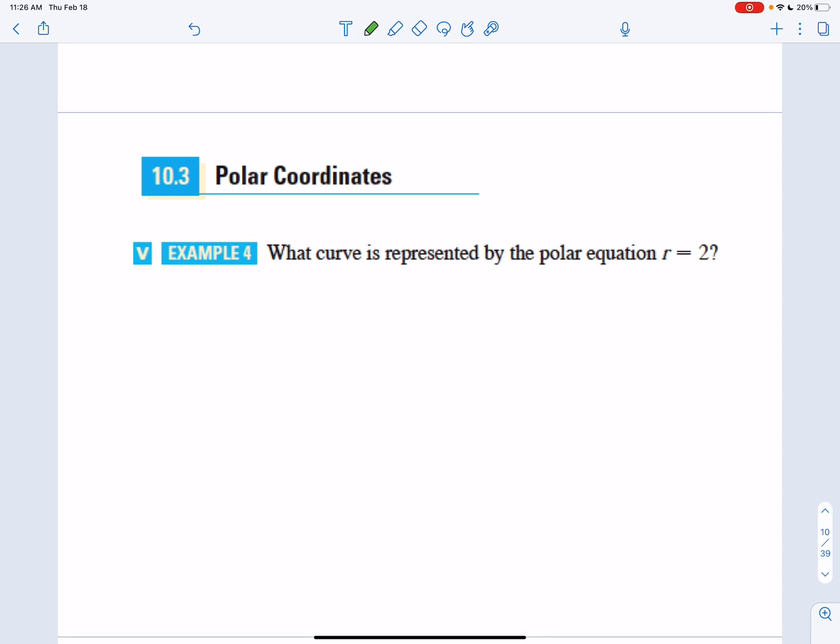Think about this here. We want to know what happens when we go around the unit circle, okay? So I want to know what my radius is when my theta changes. I'm going to use some very common angles.